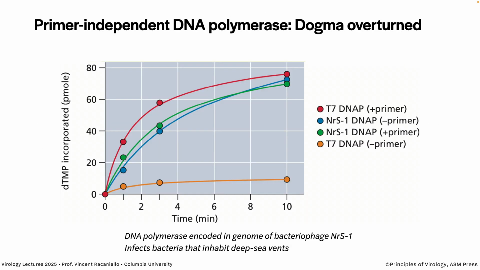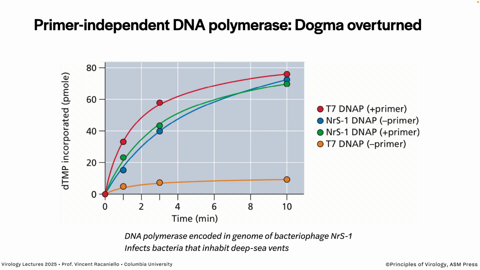In fact, when I was teaching this course more than 5 years ago, I always used to say DNA synthesis was primer-dependent always. But you have to be careful about making always statements in biology. This experiment overturned this dogma. This is a DNA polymerase assay where on the y-axis we're looking at incorporation of TMP into product, and on the x-axis is time.